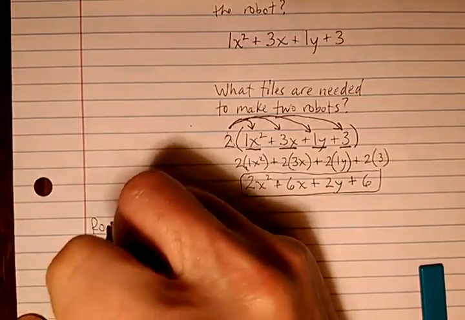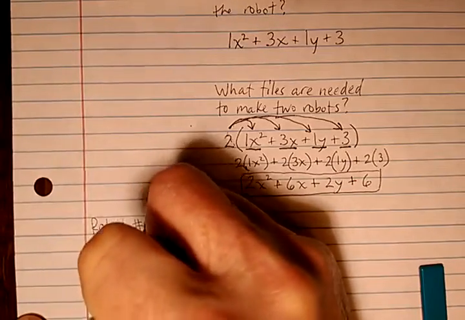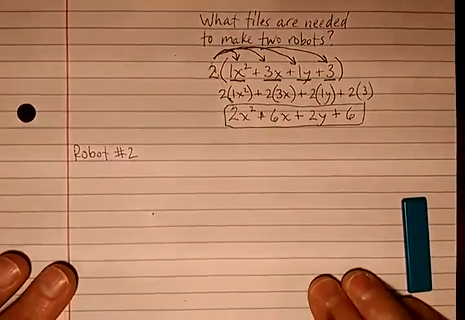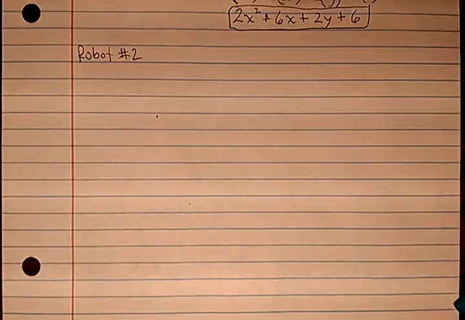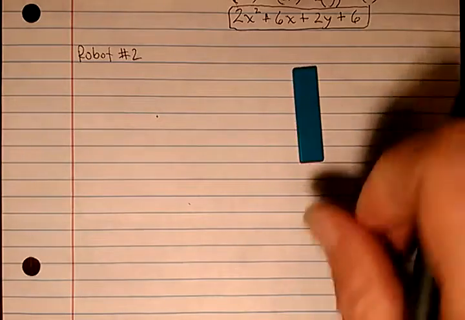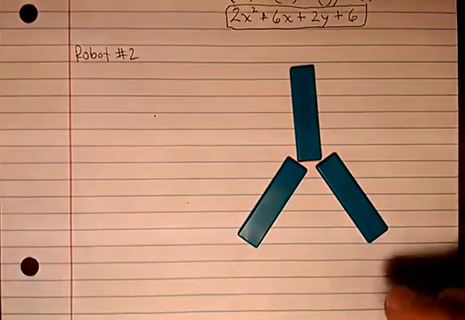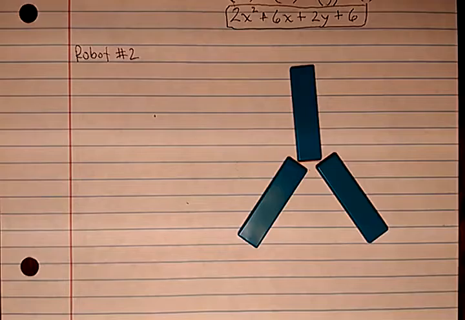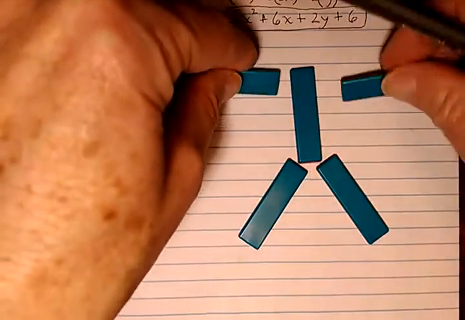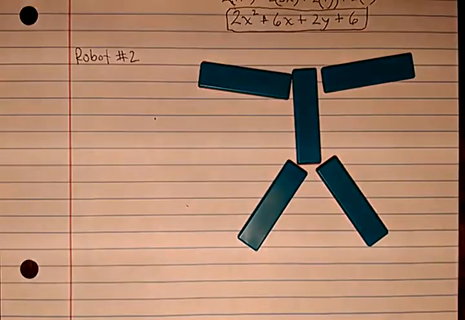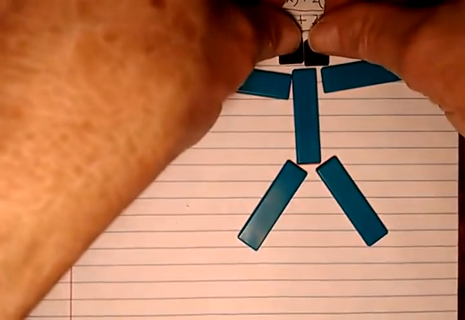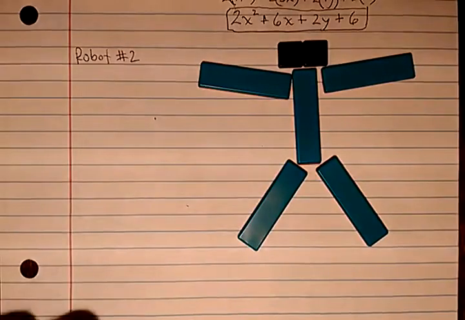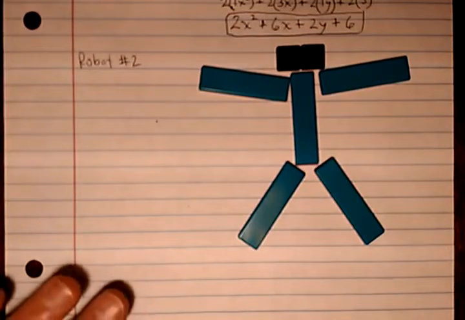Let's write robot 2, number 2. There he is. Okay, robot number 2.